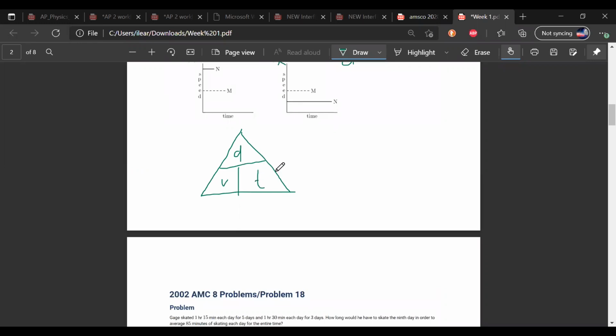So basically what this means is that there are three crucial equations for distance, speed, and time problems. D equals speed times time, speed is equal to distance over time, and time is equal to distance over speed. So in this case, we can make use of the third equation.